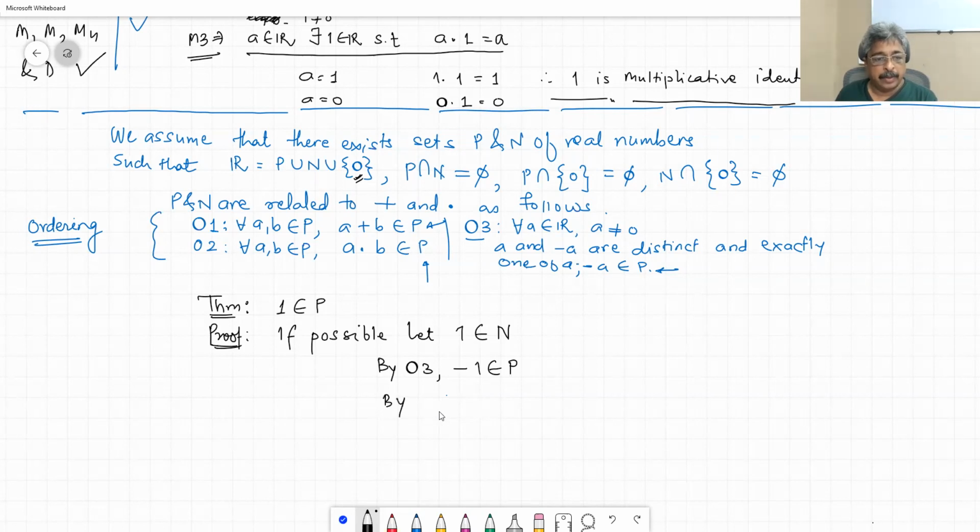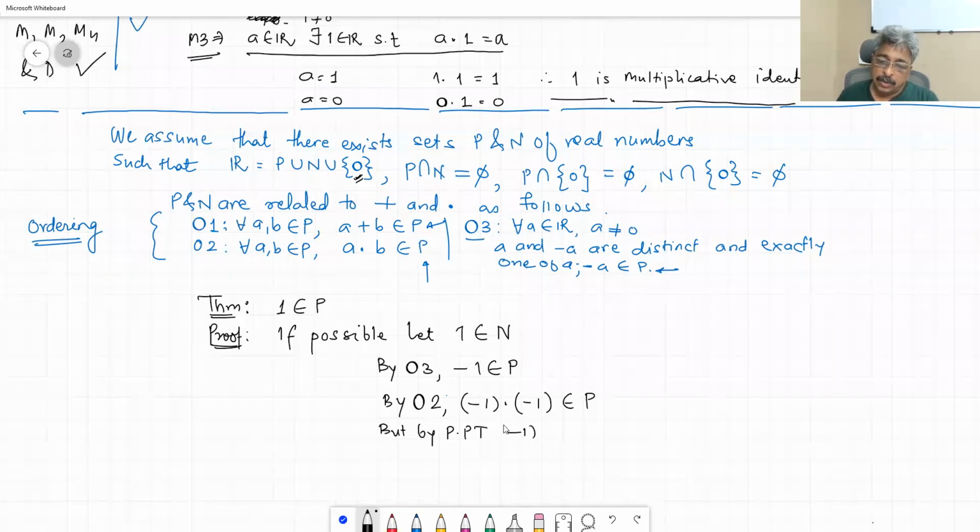By O2, opposite of 1 into opposite of 1 belongs to P, but by the previously proved theorem, which we proved just now, opposite of A into opposite of B is equal to AB.